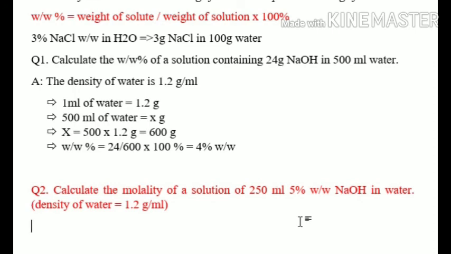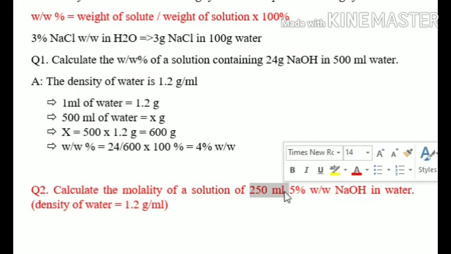So what is 5% weight by weight? 5% weight by weight NaOH in water means 5 gram NaOH in 100 gram water. Okay, 5 gram NaOH in 100 gram water. If 5 gram NaOH is present in 100 gram water, then what is the weight of 250 ml water? 250 ml water means x gram water.